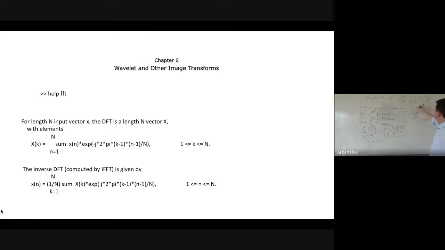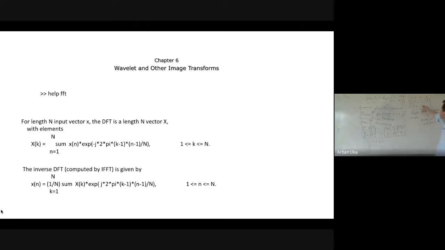When we find the very first element, the exponential term is always e to the power 0, which is equal to 1. So this element is the summation of 1 minus 4 minus 1, which is going to be equal to minus 4. This will be continuing: minus 4 times exponential of minus j 2 pi times 0 over n, and then minus 1 times exponential of minus j 2 pi times 0, and so on.